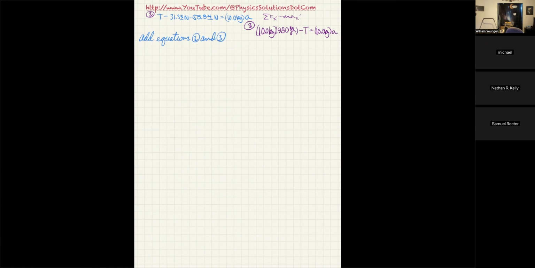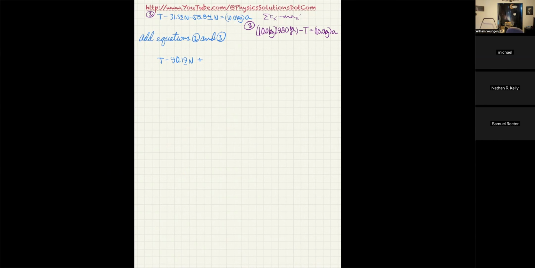And getting that gives me T minus 31.35 plus 58.84 gives me 90.19. So that's going to be T minus 90.19 newtons is equal to, or excuse me, that's just the left-hand side of equation 2.